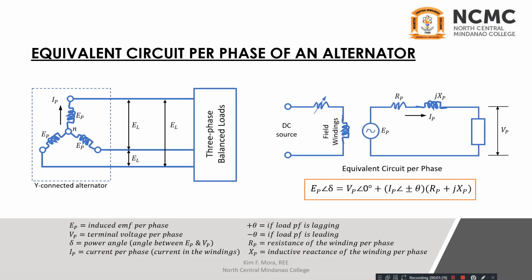So first is about the equivalent circuit per phase of an alternator. So this is our 3-phase alternator. So we have this EP, or that is the induced EMF per phase, no? So natay tulo ka line dere. This EL kani siya mo ni siya ang ato ang line voltage, no? So this is actually line to line, no?